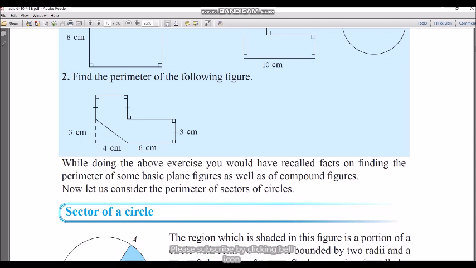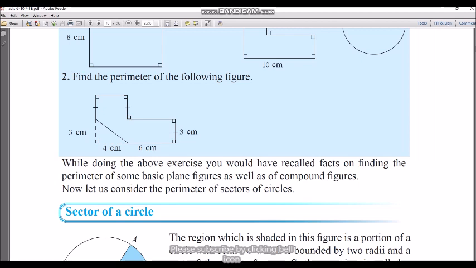And 5, and we know this is 6 and this is 3, and this whole part is equal to 10 centimeter, and it says these two parts are equal.